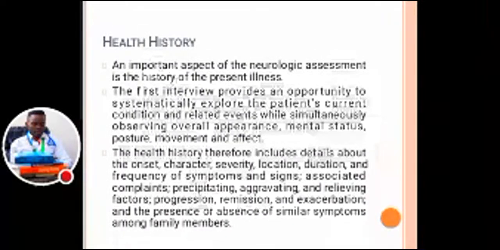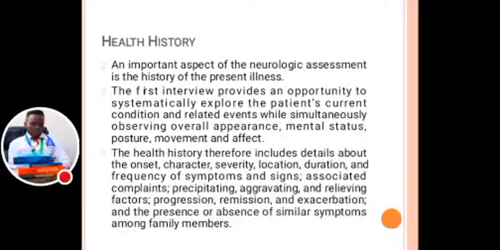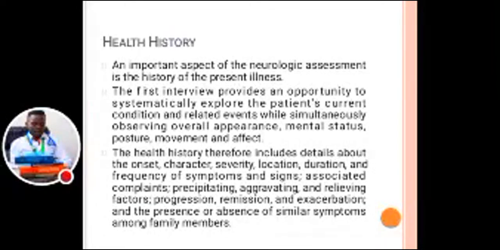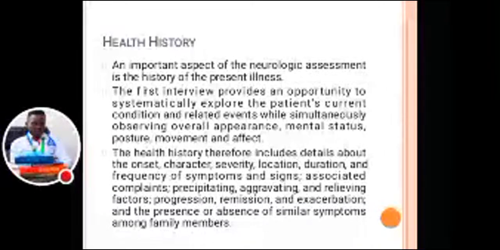Health history. Health history is very much important when you're assessing a patient that has a neuro defect, or rather health history is very much important in neurological assessment. An important aspect of neurological assessment is the history of the presenting complaint.